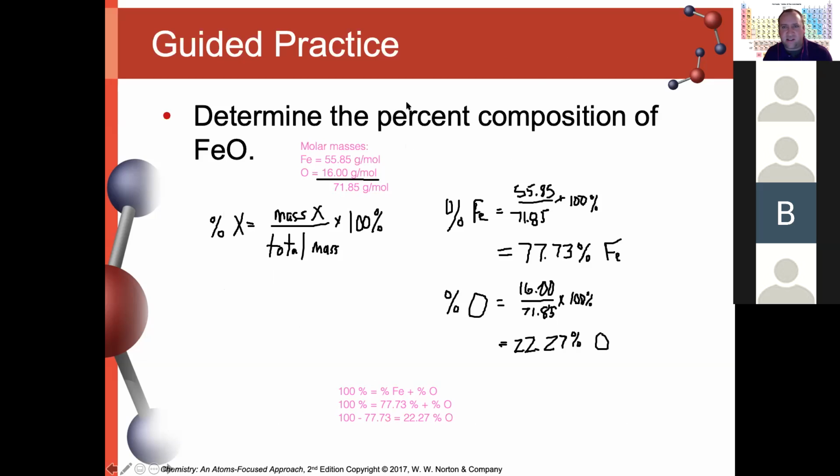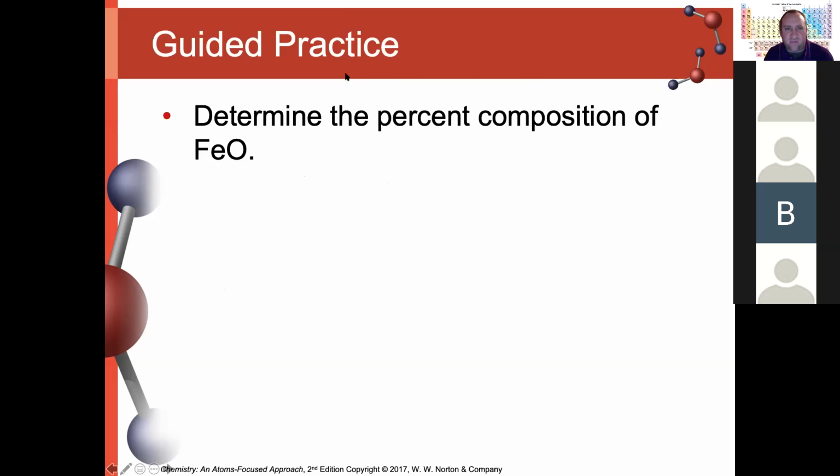So let's just say, for a matter of clarity here, we won't follow it through all the way, but for the sake of argument, that our compound was actually the other one, the hematite, Fe2O3. If that was the case, we would approach it in a very similar kind of way.